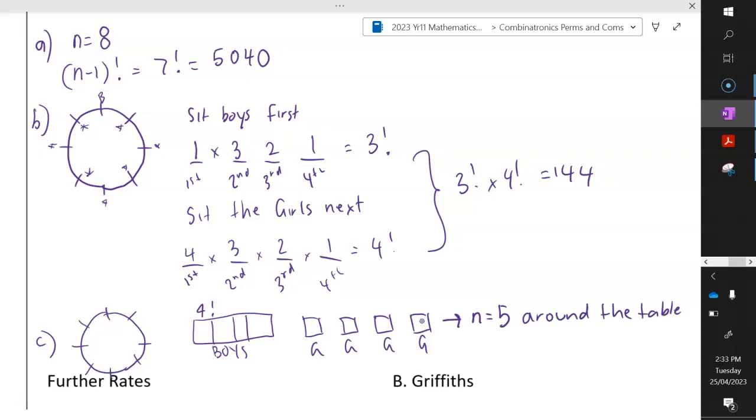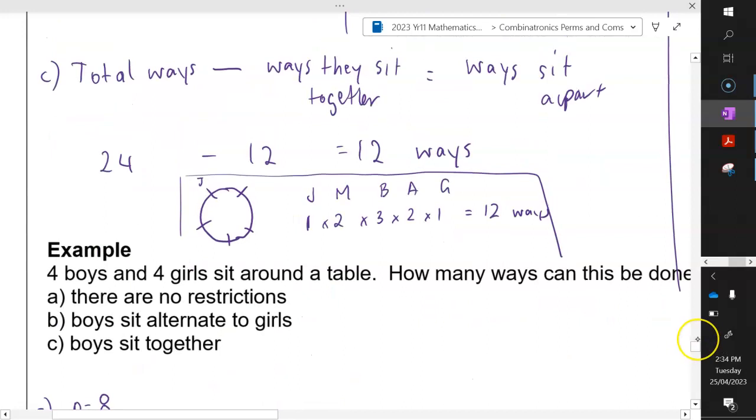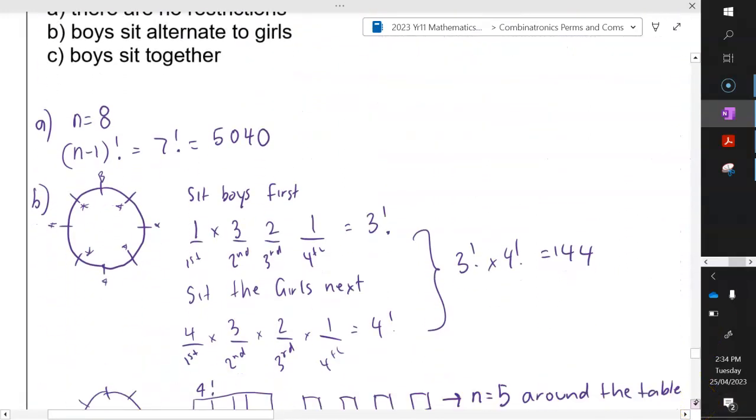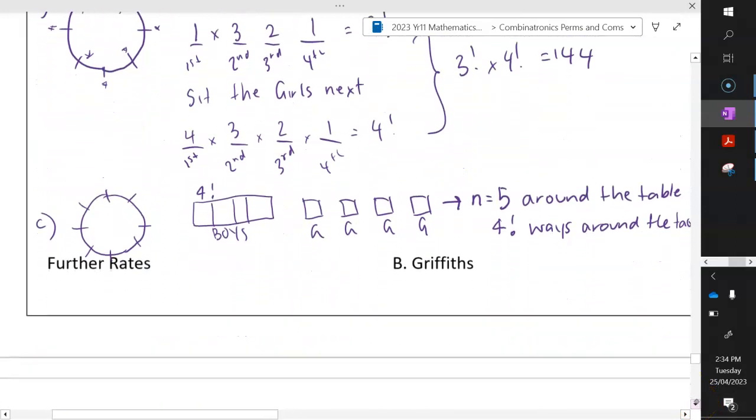So in grouping those boys together, we've got n minus 1 or 4 factorial ways around the table. But we've also got within that group of boys 4 factorial ways in which to arrange the boys. So the solution is going to be 4 factorial times 4 factorial, which gives us 576 ways.